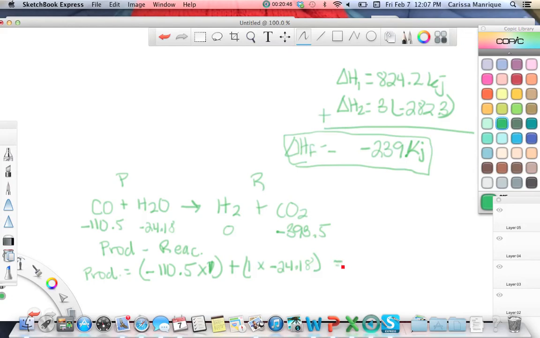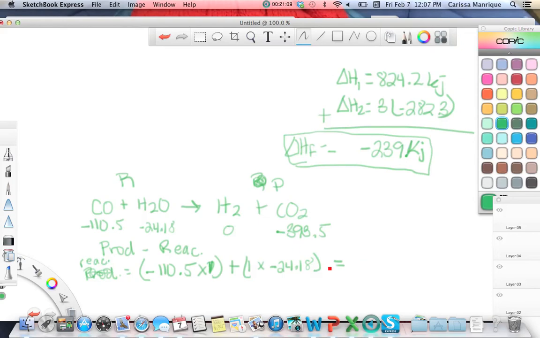Now, if I add this together, I will get, let's see, reactants. Oops, I put products. This is my reactant. Sorry. Here are my products. Okay, so here are my reactants because they are reacting together to form the products.